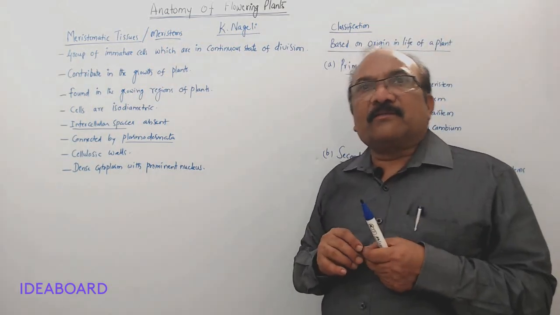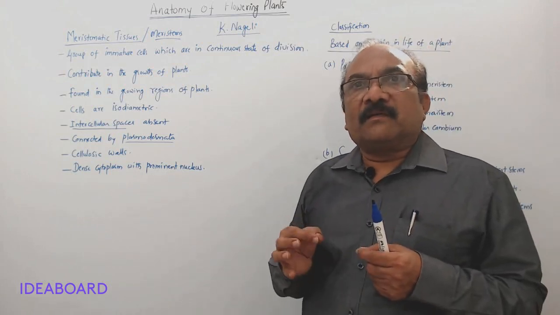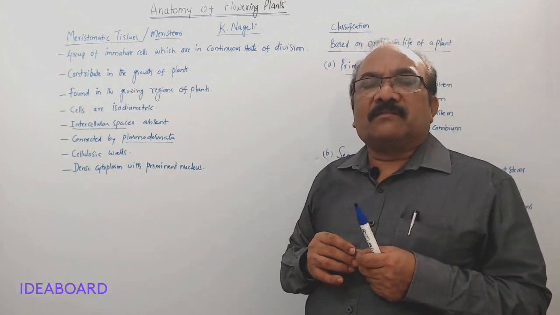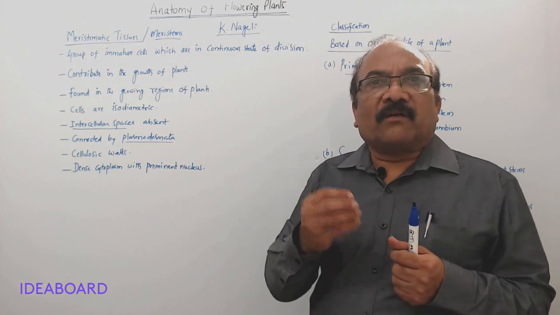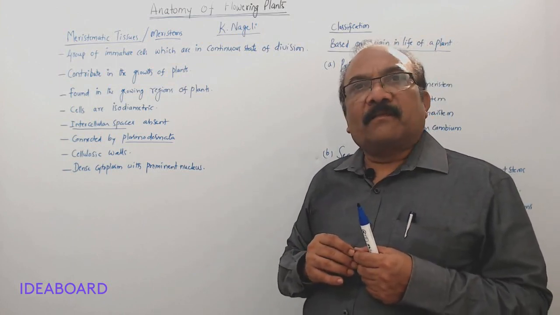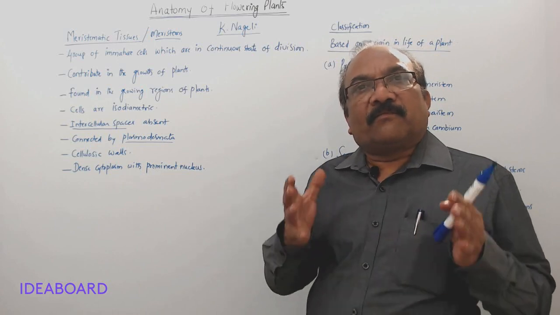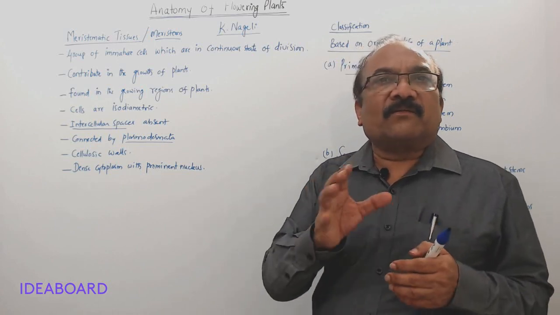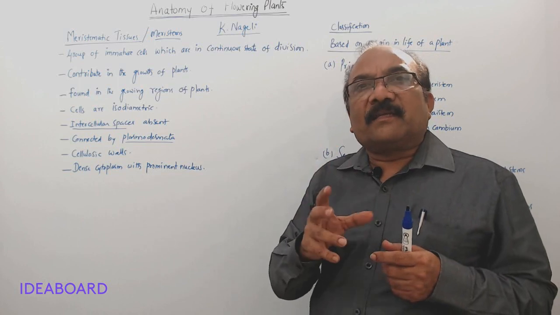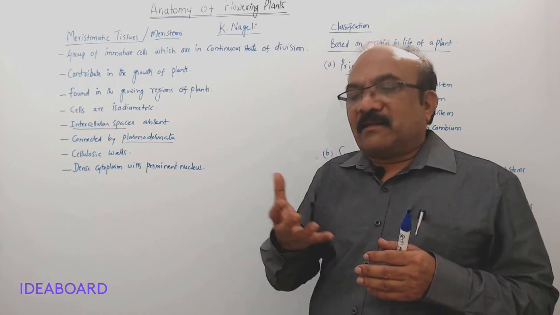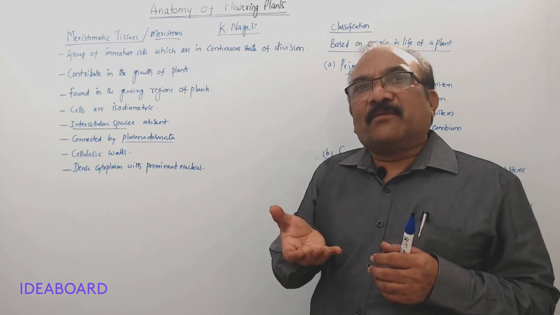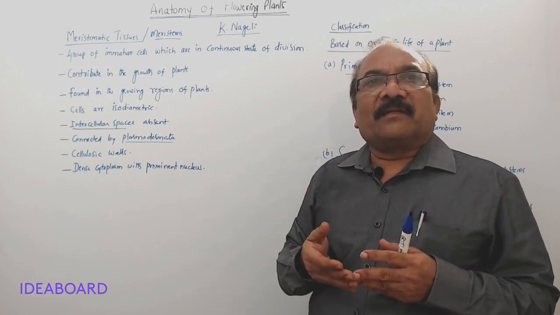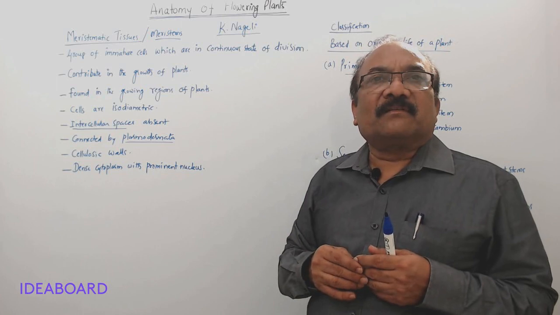And one point I would like to tell you: what is the first meristematic cell in plants? If anyone asks you this question, what is your answer? The first meristematic cell in plants is the zygote, and that zygote divides continuously and develops into an embryo, and all the cells of that embryo are meristematic. They have the capacity of cell division.